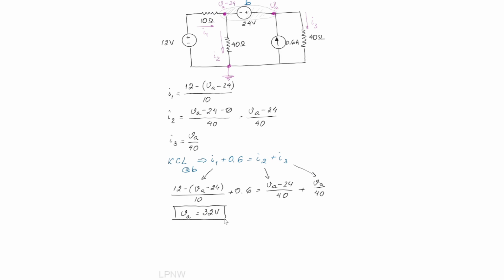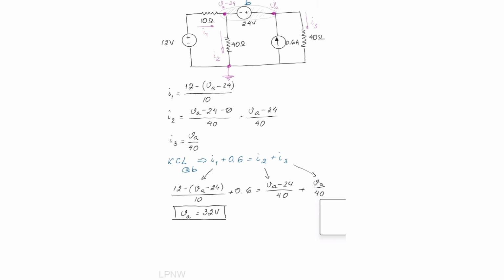Now, how can we use this? If we know that VA is 32 volts, this means that we can calculate the current I1, which is powered by the 12 volt source, and in this case we will be able to calculate the power supplied by the 12 volt source.